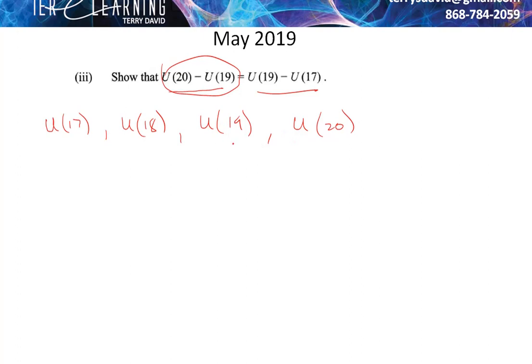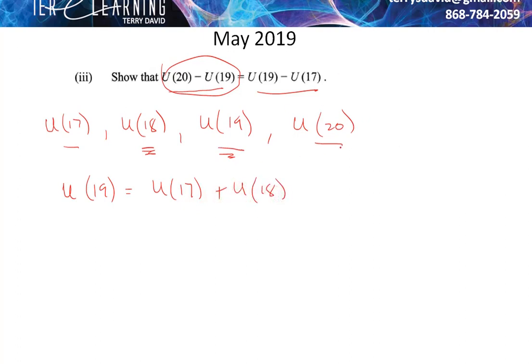Now, in order to get my 19th term, I must add this plus this, right? In order to get my 20th term, I must add this plus this, all right? So what we're saying is that U19, that is my 19th term, is equal to U17 plus U18, right?